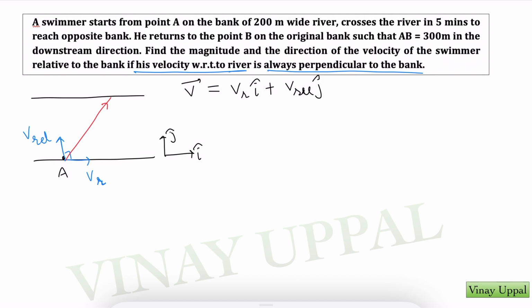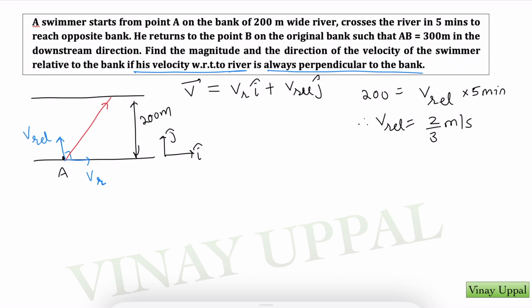And therefore, I also know the Y component of the displacement, which is 200 meters. So can I just say 200 should be equal to V relative, the Y component in the ground frame, multiplied by the time, which is 5 minutes. So that will be 300 seconds. So V relative will simply be 2 by 3 meter per second. So the relative velocity has a magnitude of 2 by 3 meter per second.